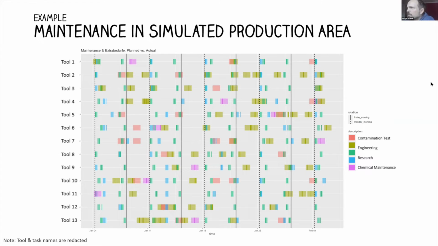So what we did is we simulated a bunch of supplementary activities that contribute to tool health. And then we can for sure visualize the maintenance schedule here. We have the dates, we know when Friday and when Monday morning is. So we can take this and confront the process owner with this view to assess if what our simulation has calculated reflects what they also observe in their real process.